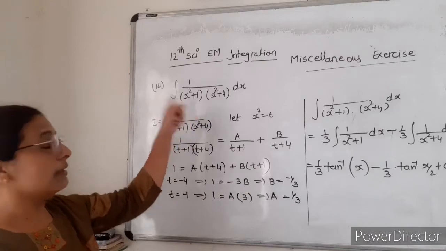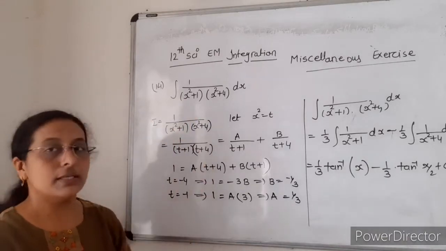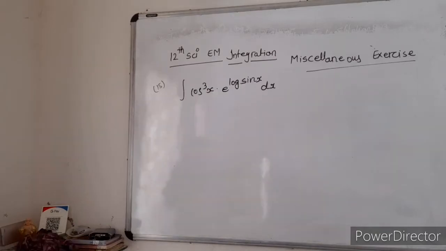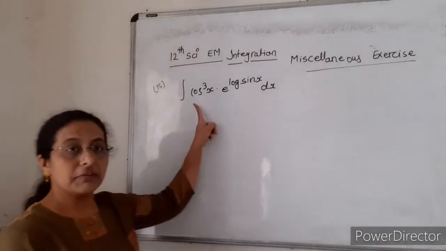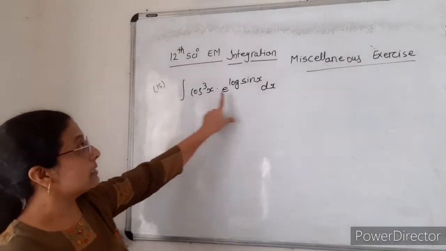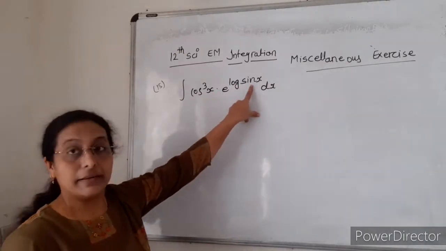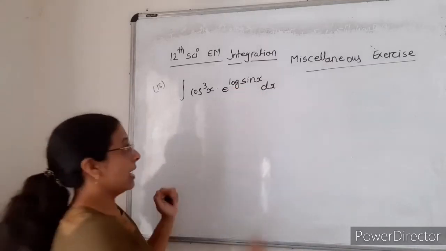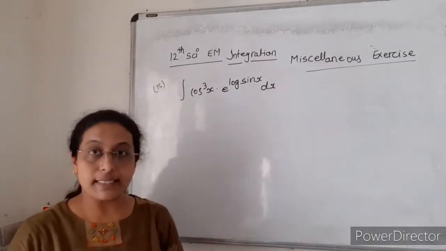Now we'll go ahead with the question number 15. First you do this. Okay. Now the question number 15 is integration of cos cube x e raised to log sin x. So here you have to use the logarithm rule. Base is not given, so base is e.